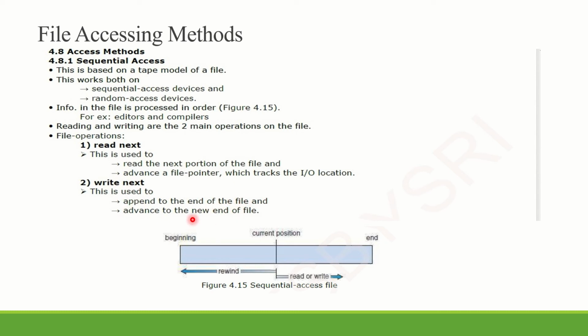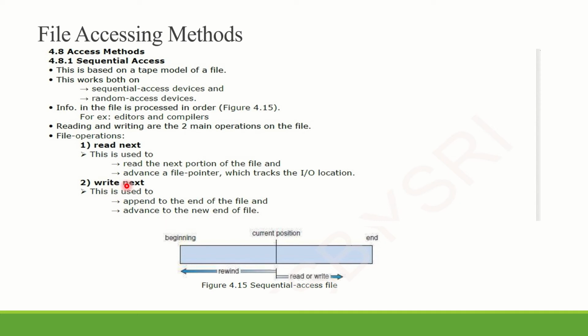Wherever the existing contents end, after that content it will append the new data, and advance to the new end of the file. Once it has completed writing, it moves to the next end, right?